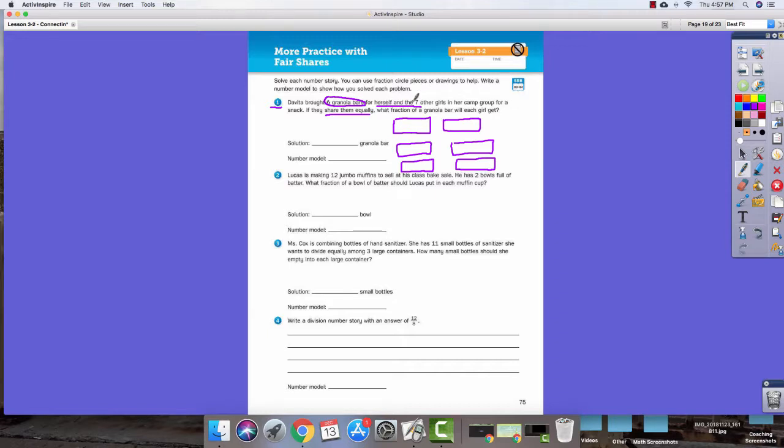So if she's included, there's going to be 8 girls that she's splitting these up among. So then I need to split each of these into 8 equal parts. So there's 1 granola bar in 8 equal parts.